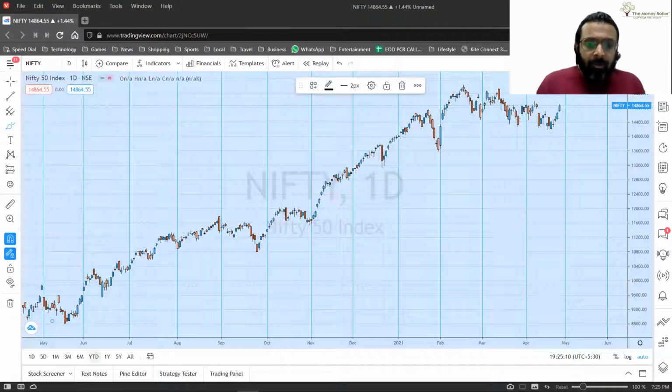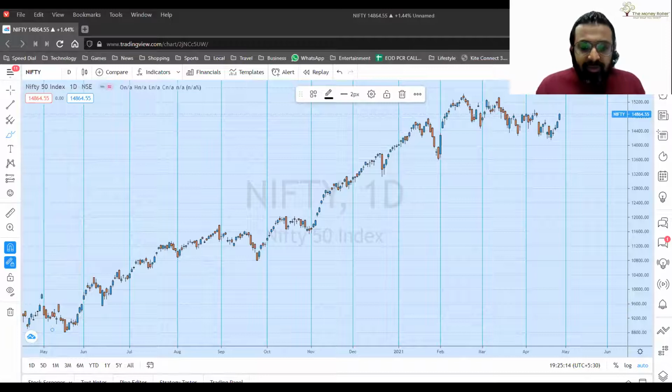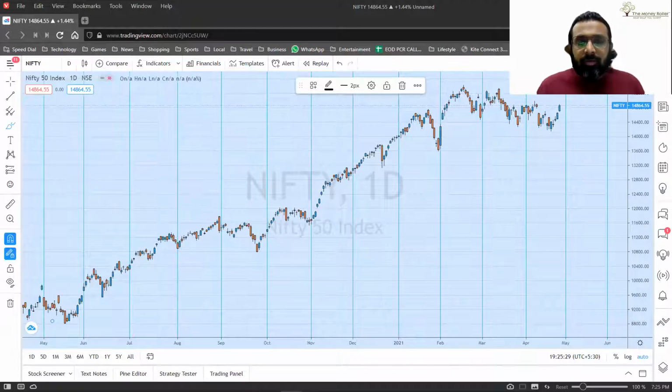So typically, here's what I'm trying to tell you: if you are a long-term investor, you are concerned with the primary trend. Whereas if you are a short-term swing investor, you are more concerned with the primary trend as well as the intermediate trend.